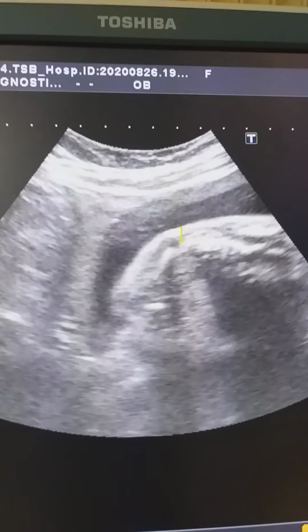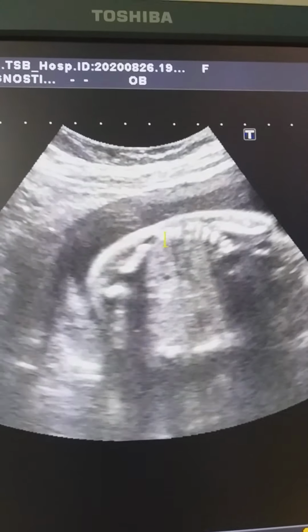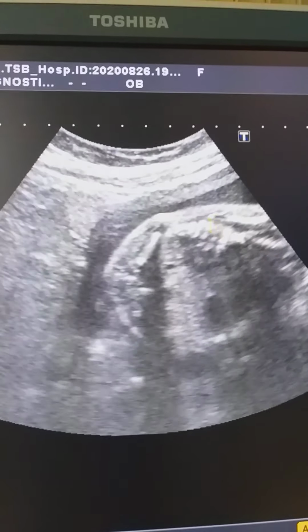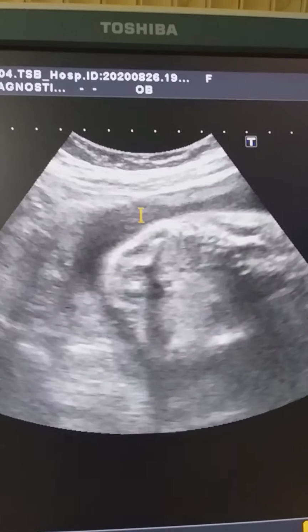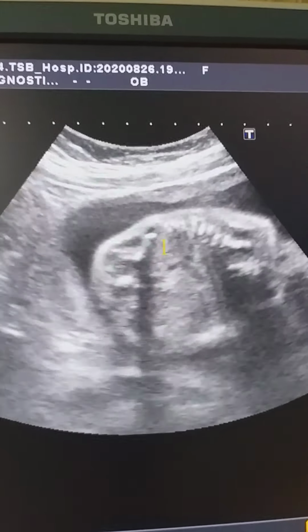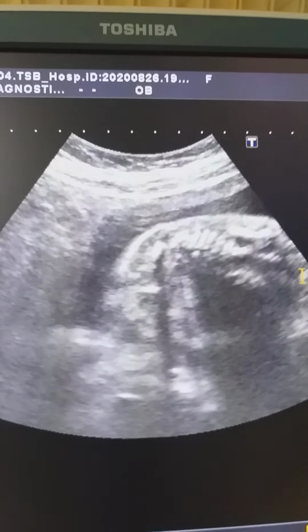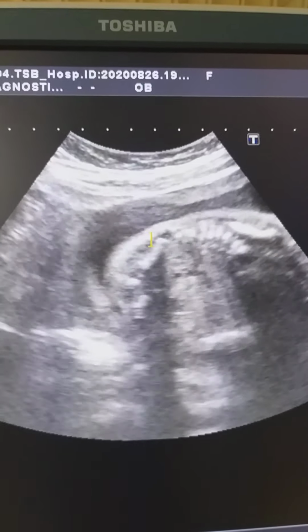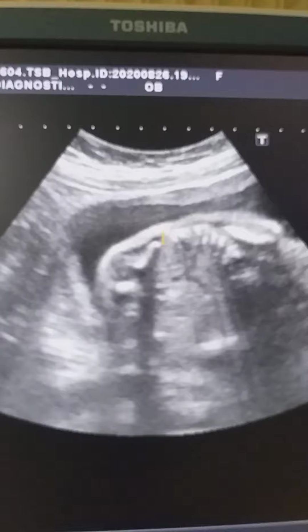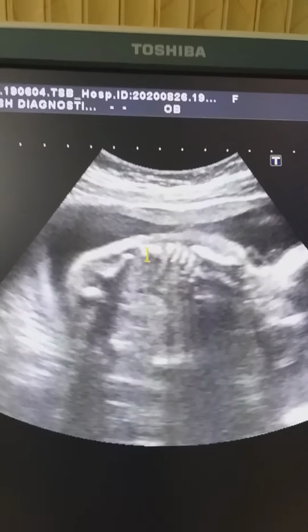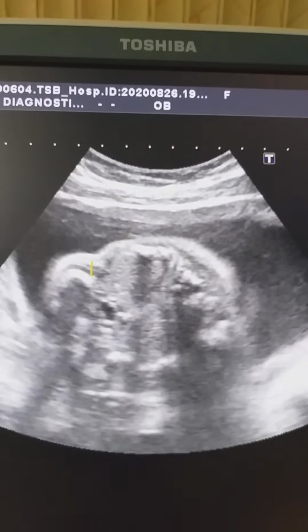So some of the spine is missing also. Cervical, thoracic, and if we see here, this is the short spine from this end to this end. And here I can't appreciate the further spines.